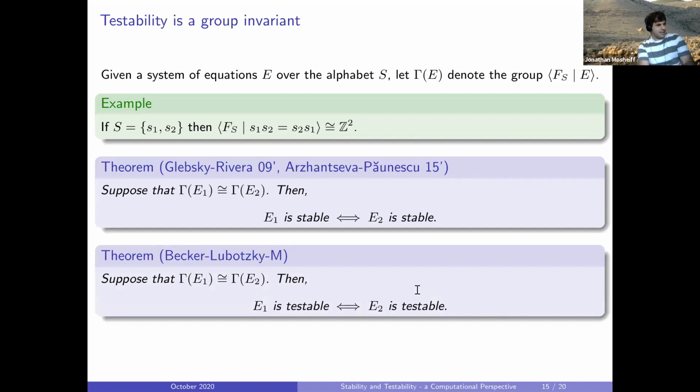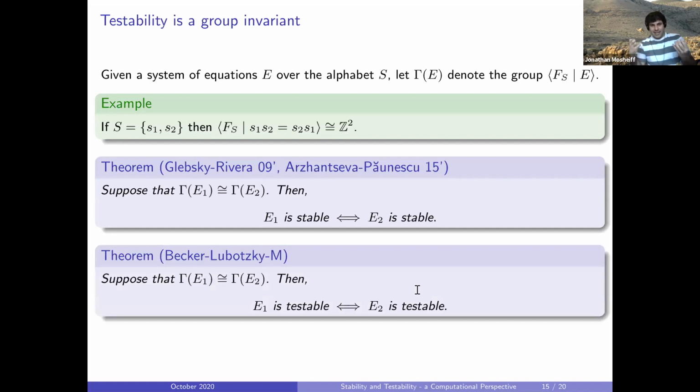And we've proven the same for testability. So this encourages us, as is done in stability, to look at the properties of the group defined by E in order to understand whether it's testable or not.